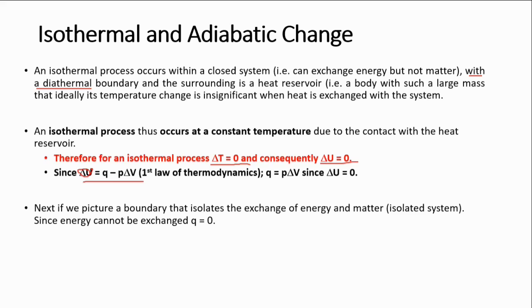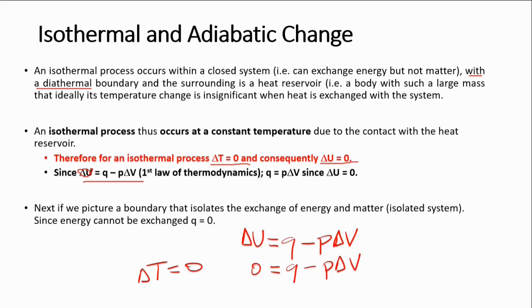If we say that delta U is equal to Q minus P delta V, and this is when delta T is equal to 0, isothermal conditions, then what we have is 0 is equal to Q minus P delta V. Therefore, Q is equal to P delta V.